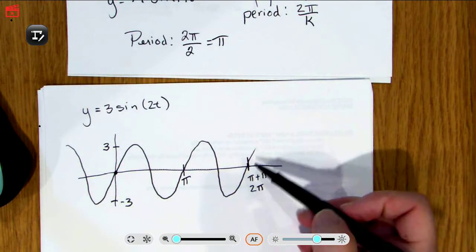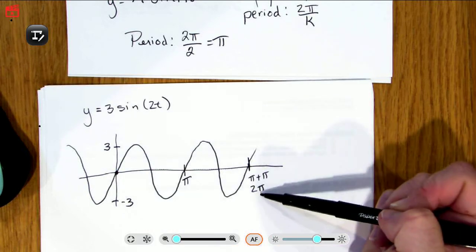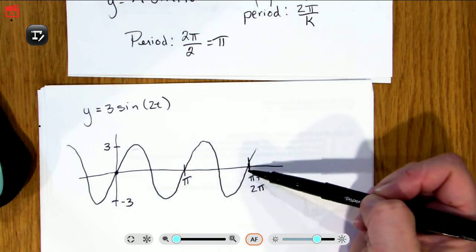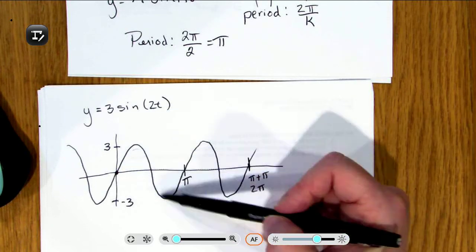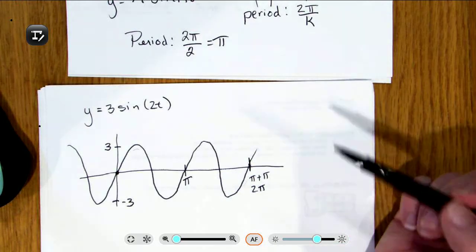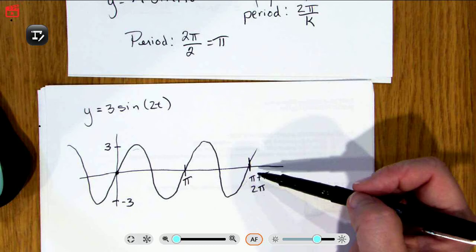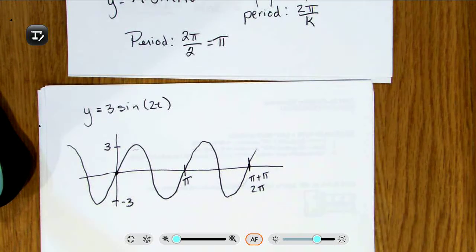Another way to think of this is that in our normal period of 2 pi, we now see 1, 2 curves. That 2 reflects how many curves you can get in the normal period that we used to have.